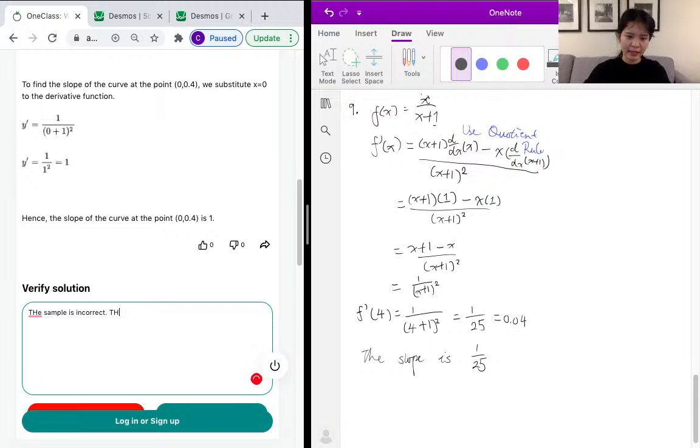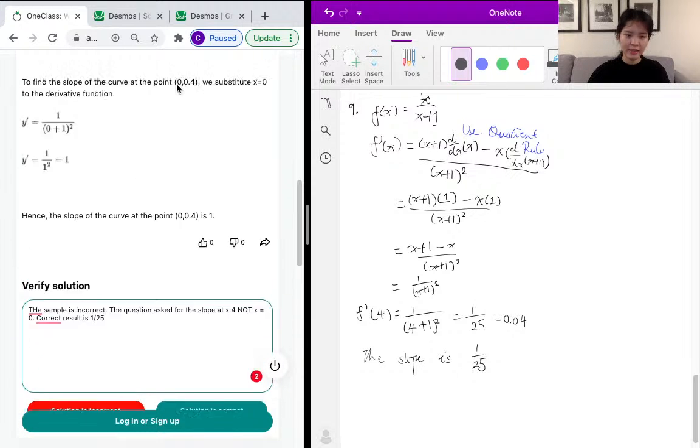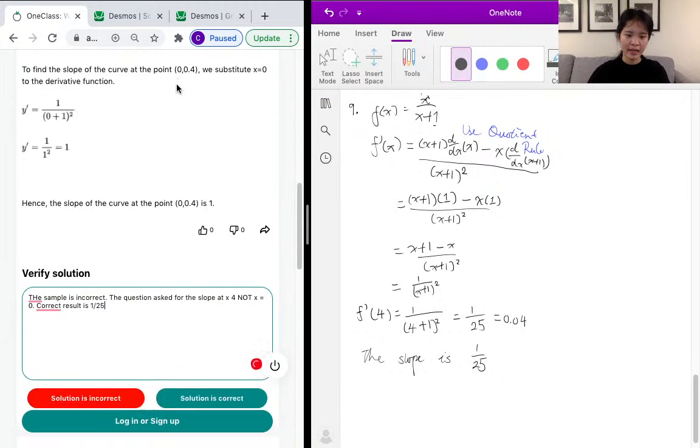The question asked for the slope at x equals 4, not x equals 0. The correct result is 0.04 or 1 over 25. It's 1 over 25. Okay, and let's just say the solution is incorrect over here.